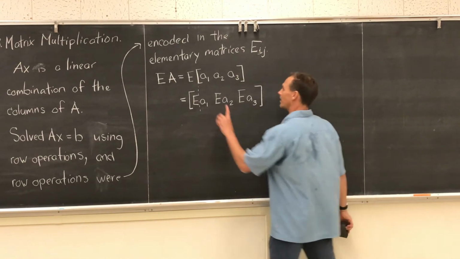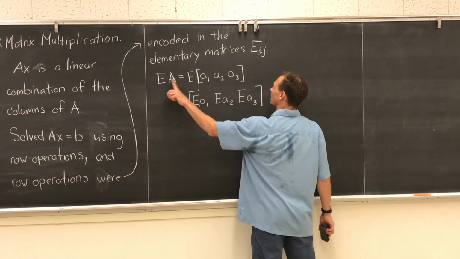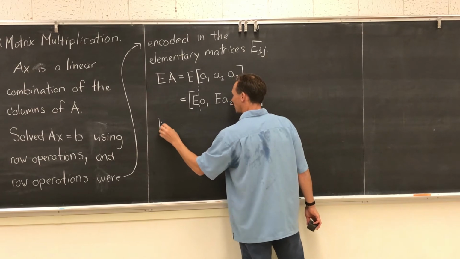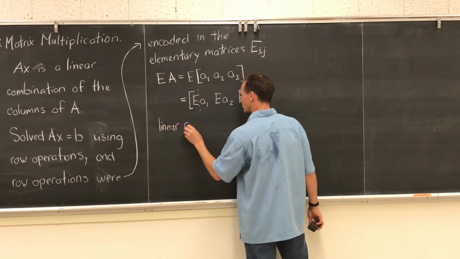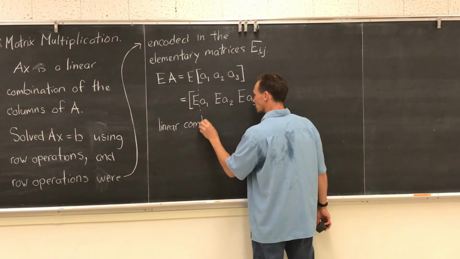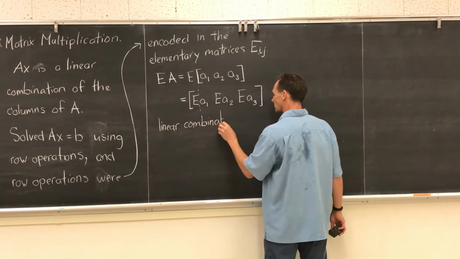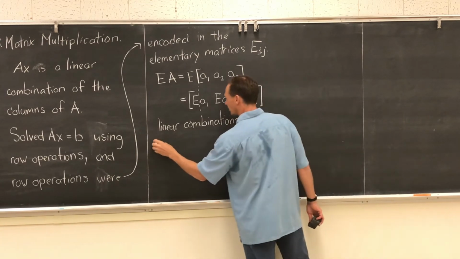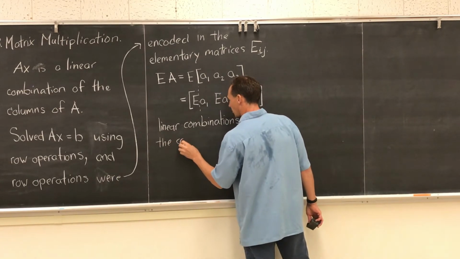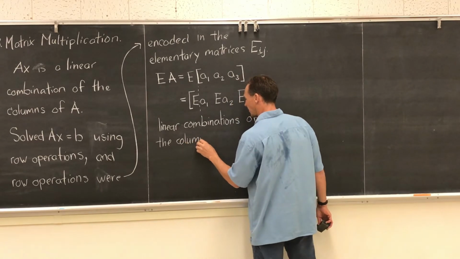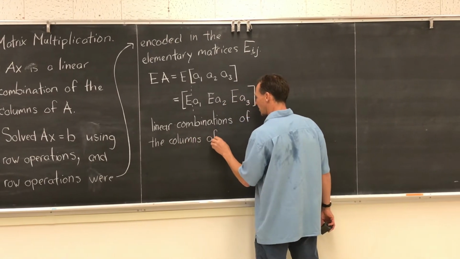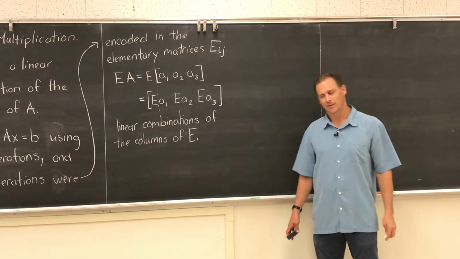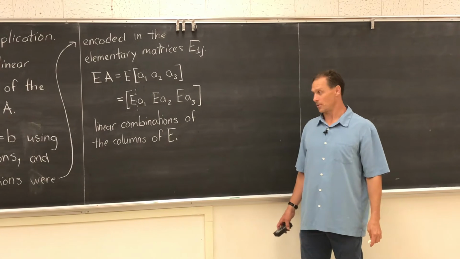So here, when we think of matrix multiplication this way, we're thinking of this as linear combinations of the columns of E. Okay. That was the first approach.